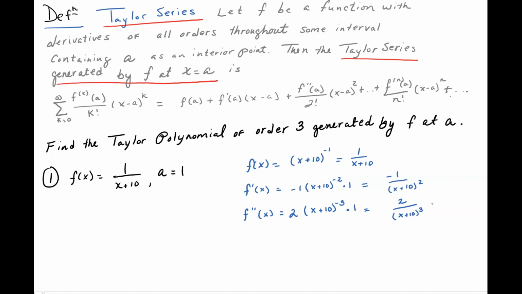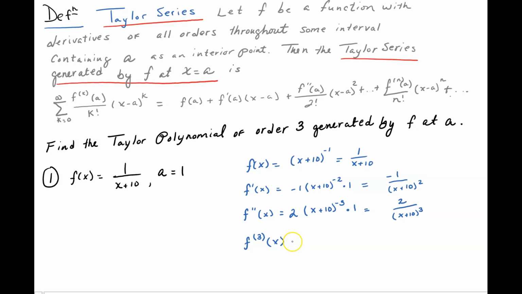Now we take the third order derivative because it says order 3, so we have to take the derivative one more time. Normally you might say f triple prime, but let's go ahead and get into this notation that they've devised for us here, where we take the third order derivative. So we have a negative 3 times 2.